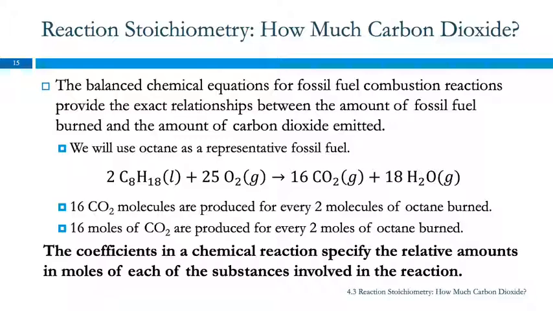So when you look at a balanced chemical equation, you can just sort of mentally insert the unit mole here. The coefficients are exact numbers because they come from actual numbers of particles interacting.